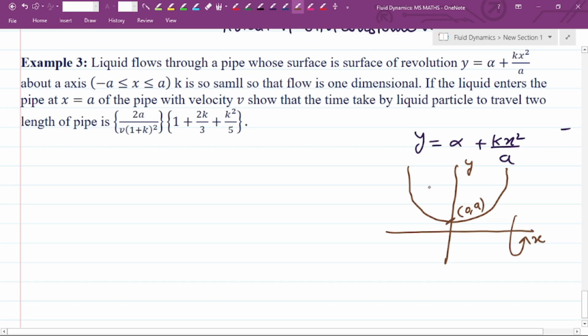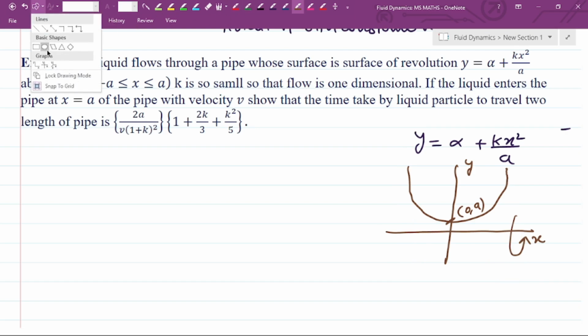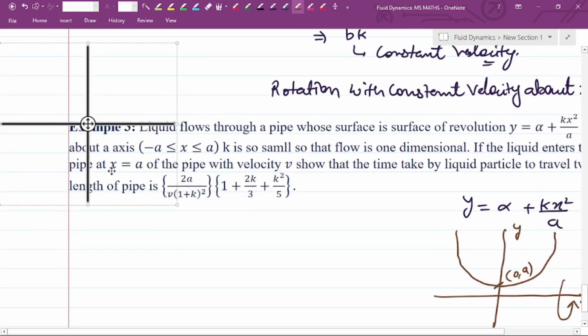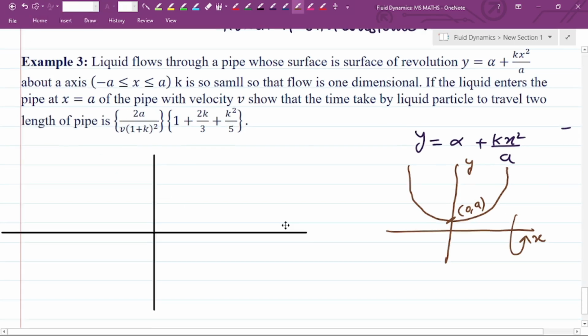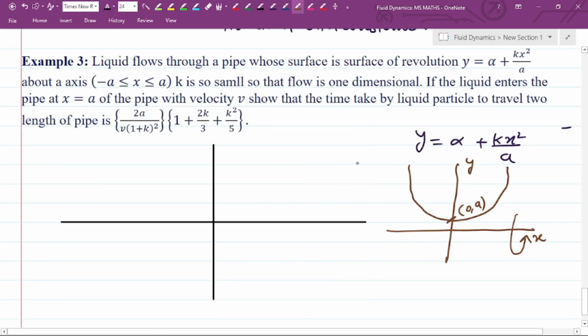Whenever it rotates about the x-axis, what will happen? It will give a paraboloid shape like this. I am making the proper diagram for this. So basically we have a parabola in this way, where this is the y-axis and this is the x-axis.